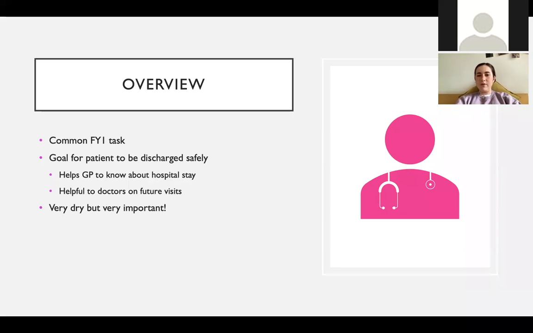In particular, it really helps the GP to know about their stay in hospital, and it's helpful to other doctors on future visits. If you're seeing a patient for the first time, you'll find yourself having a read through what previous people have written. So it's really useful. And yeah, it is potentially quite dry, but it's really important.